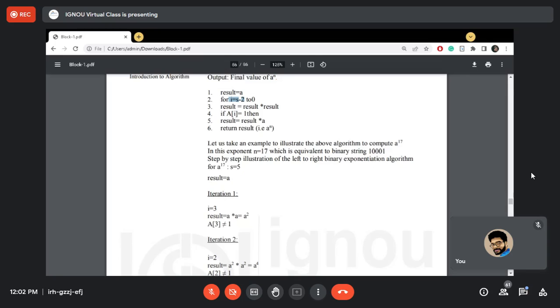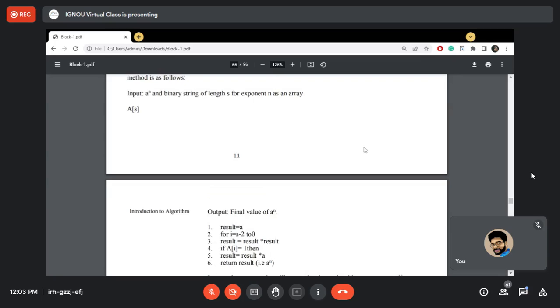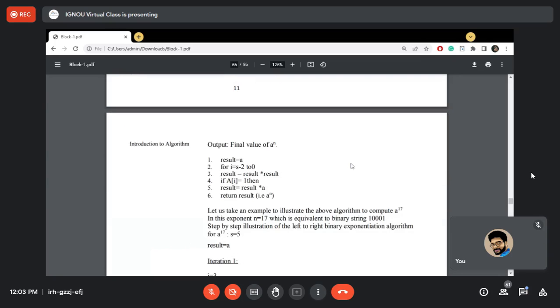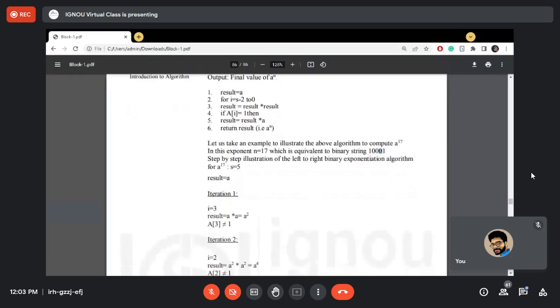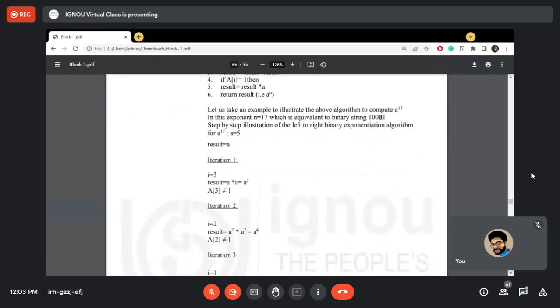So we write S minus 2, that means 5 minus 2. Where is the string value? Here, 10010. The last value we have to skip and we have to start from the second last value. So here I is equal to 3.